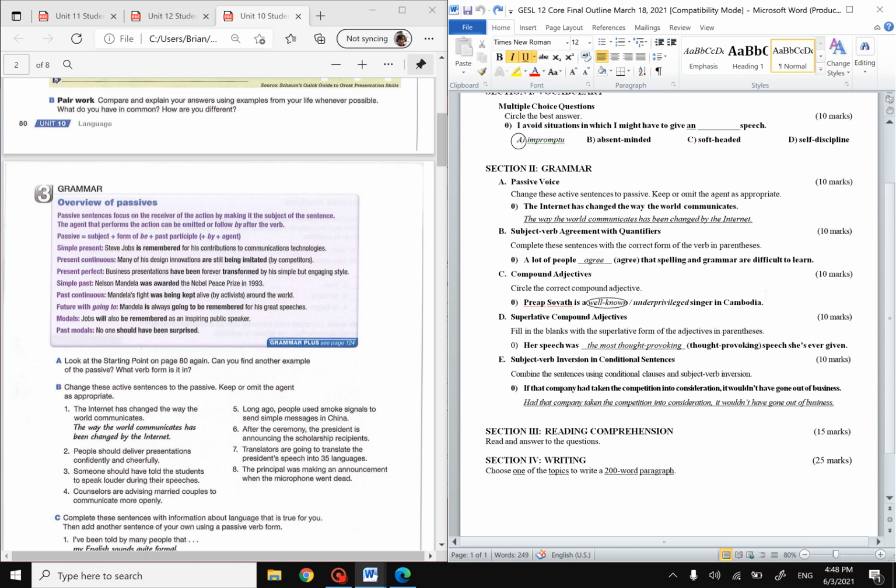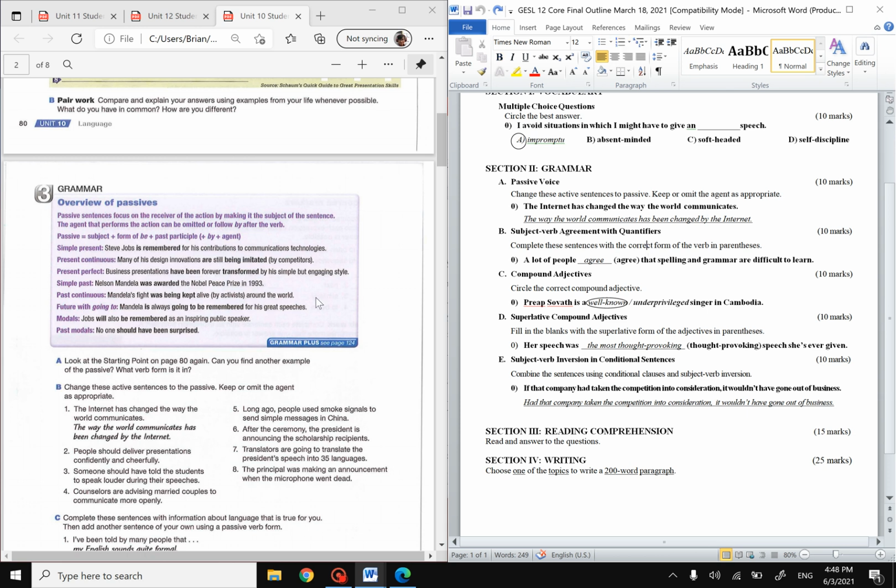The way the world communicates is the object, and you bring it to the front and then change the verb. Because the way the world communicates is singular, we use has, so it becomes has been plus verb 3, changed. And then by the internet. In the exam, you can put by or you don't have to, it's fine. It's your choice.